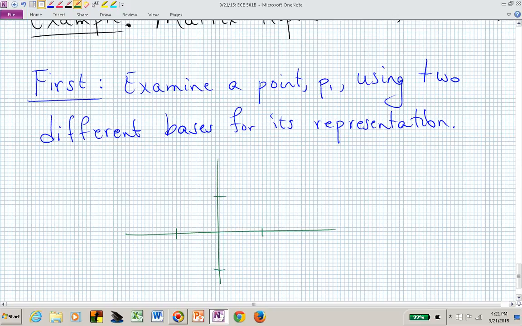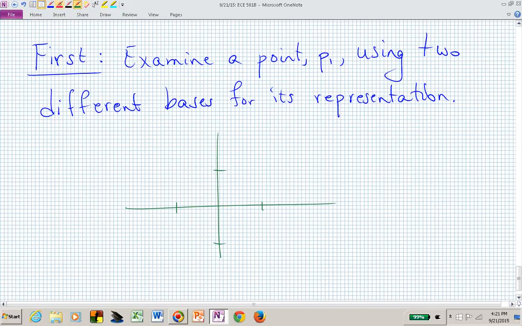Here's a plane, and the point P1 that I'm going to be working on is right there. Let me call that P1. And what I want to do now is pick the first set of basis vectors as my standard basis, meaning let me say it will be made up of V sub 1 and V sub 2.